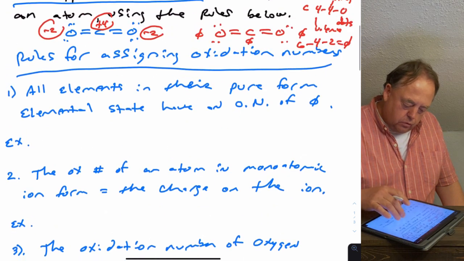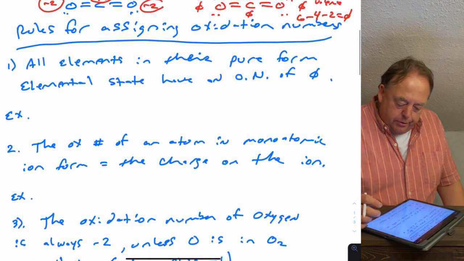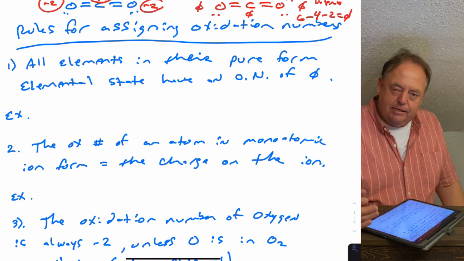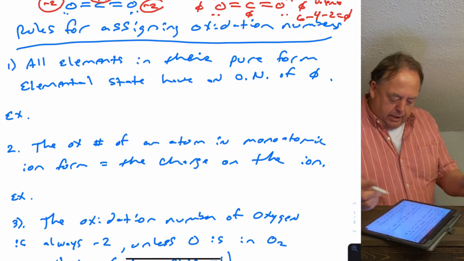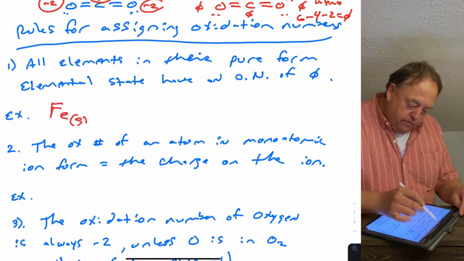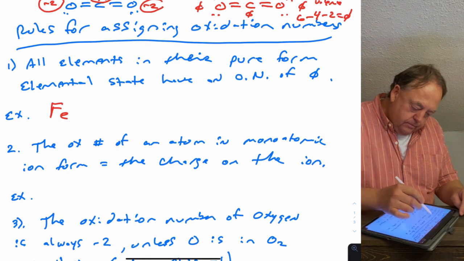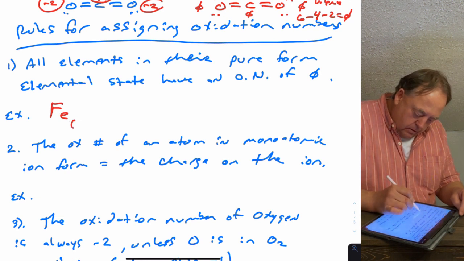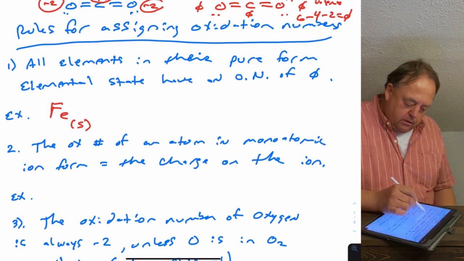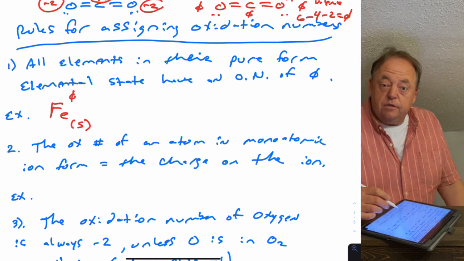Let's go through the rules. All elements in their pure elemental state have an oxidation number of 0. For example, how do you find iron in nature? You find it as a solid. So a block of pure iron is assigned an oxidation number of 0.